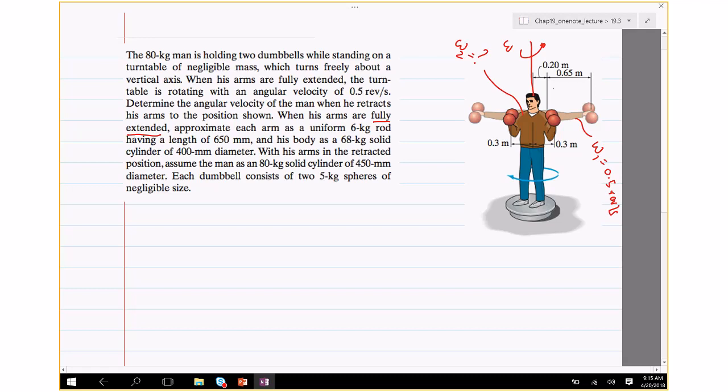So assuming his arms are of length 0.65 meters and of mass 6 kilograms.